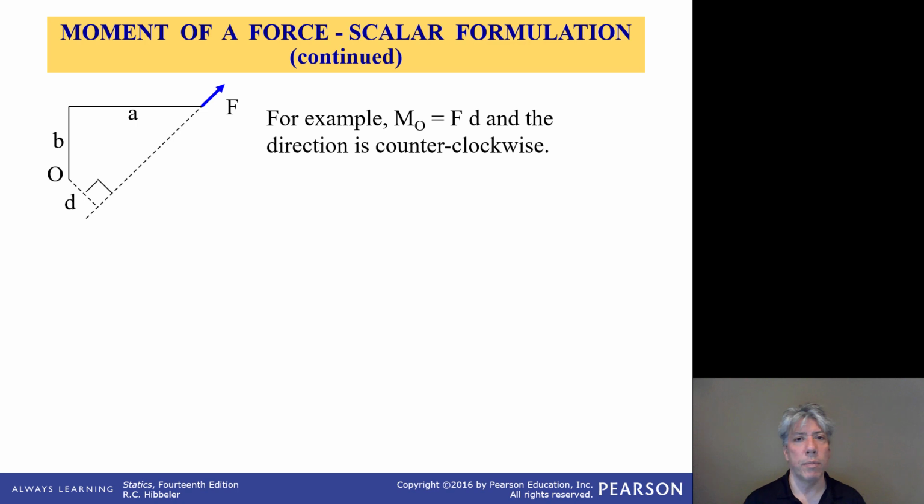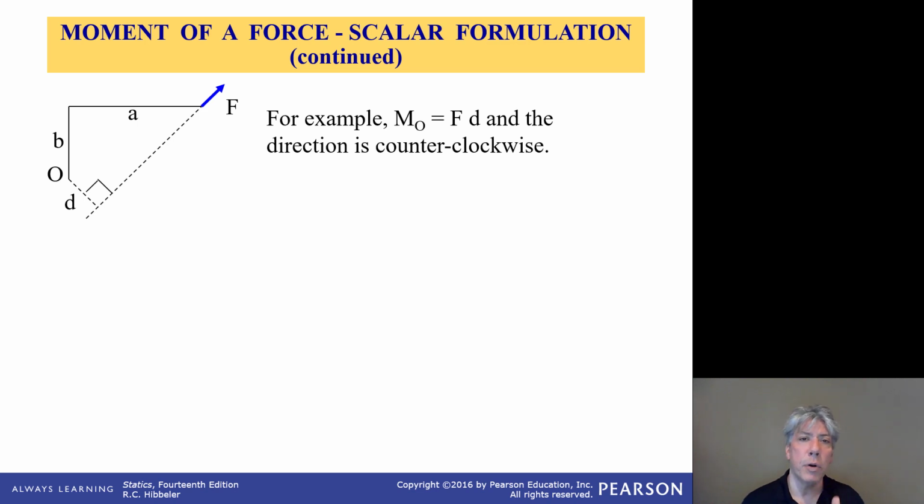And you'll see in examples what might be considered a useful point. Often a pivot point makes sense, or a pin in a bridge, or sometimes there are more clever places to choose. But anyway, you can choose any point you want. In this case, we've chosen O to calculate the moment of force F about O.